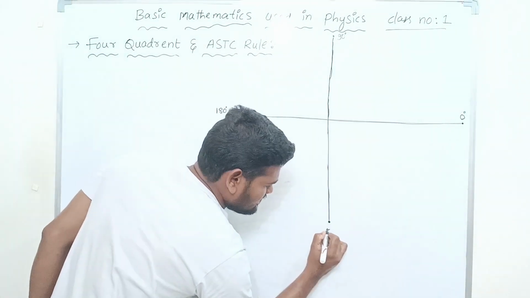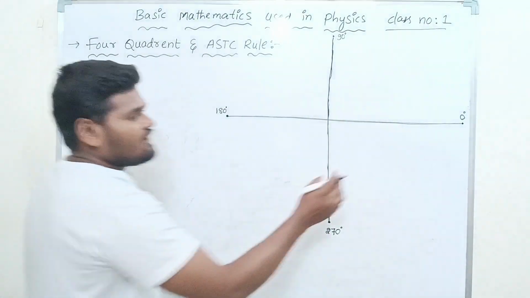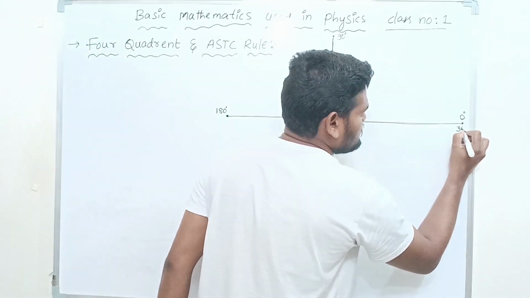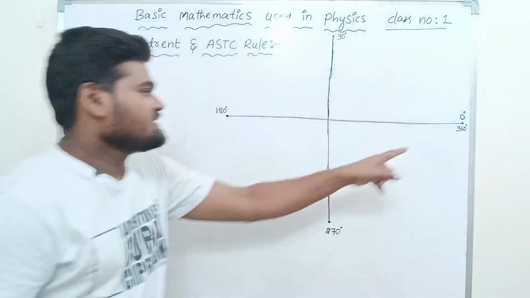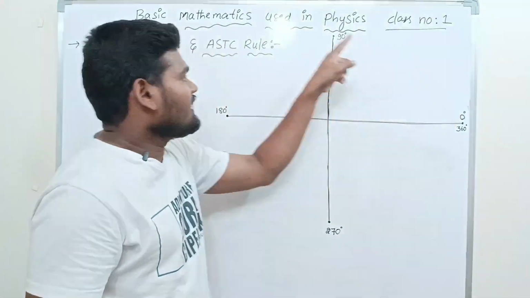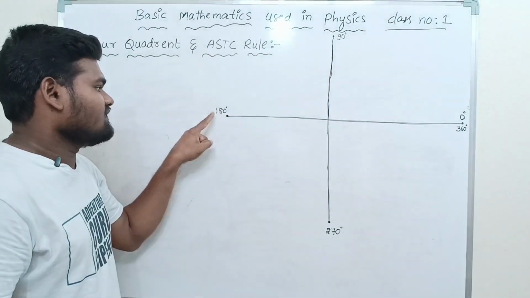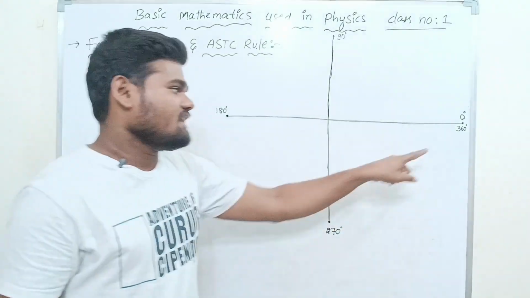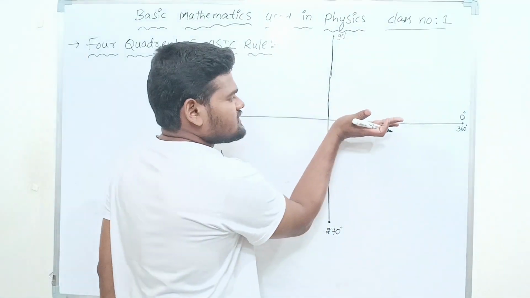This point is at 270 degrees, and the ending point, where one rotation closes, is at 360 degrees. Is it clear? So this is 0 degrees, our starting point, this point is 90 degrees, this is 180 degrees, this is 270 degrees, and the final point is 360 degrees. Now let's start the rotation.